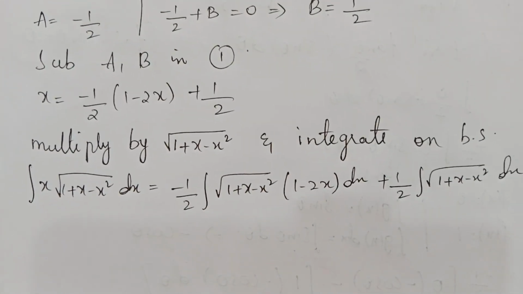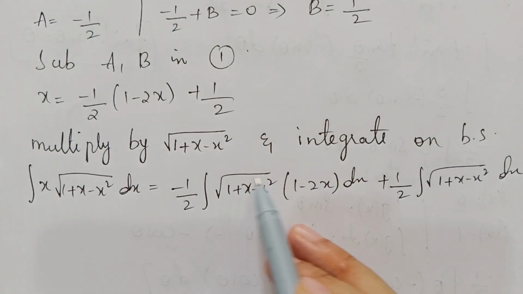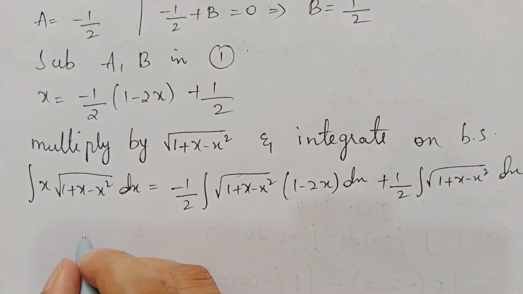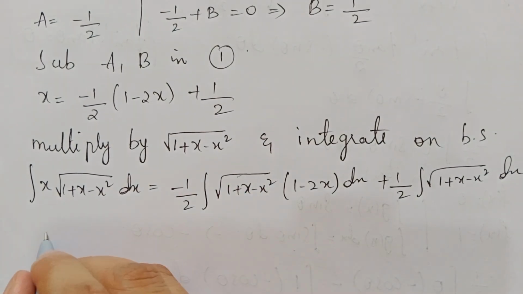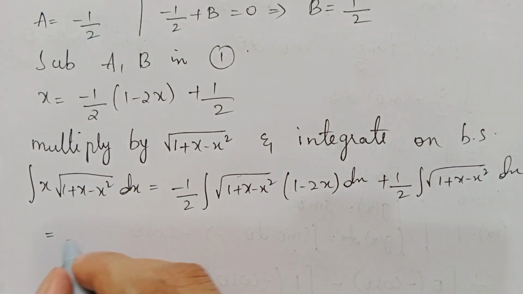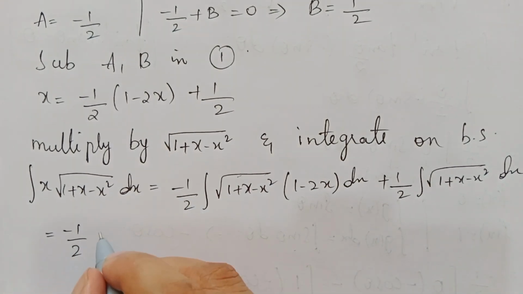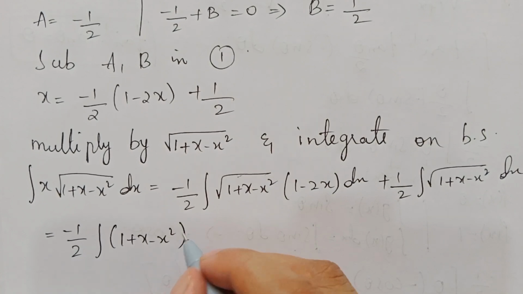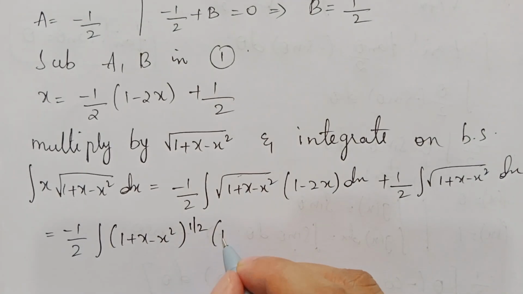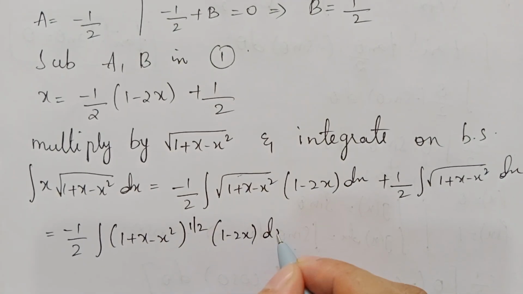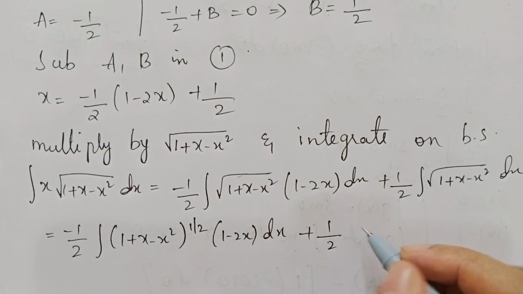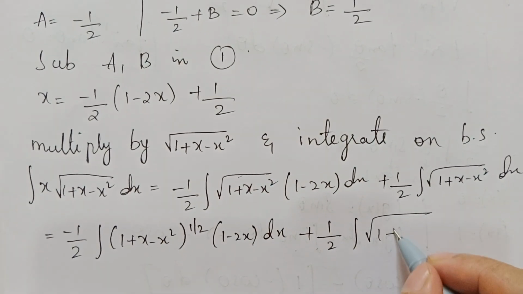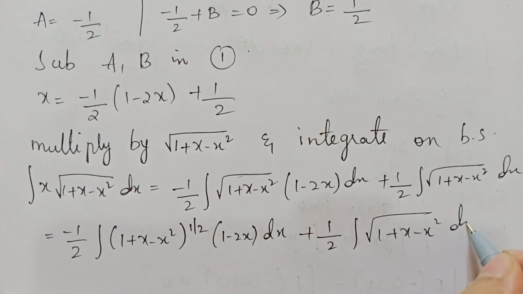Now for this root term we can write it as power 1 by 2. Okay, so this is equal to, writing only this side term, minus 1 by 2 integral 1 plus x minus x square whole power 1 by 2 into 1 minus 2x dx plus 1 by 2 integral, this remains the same, dx.